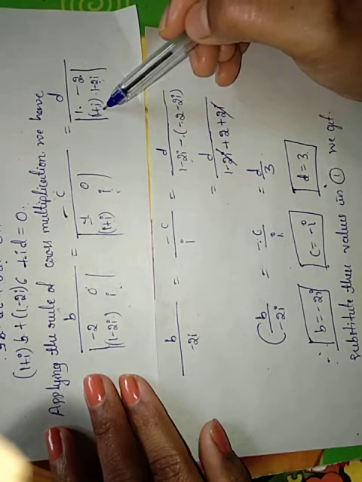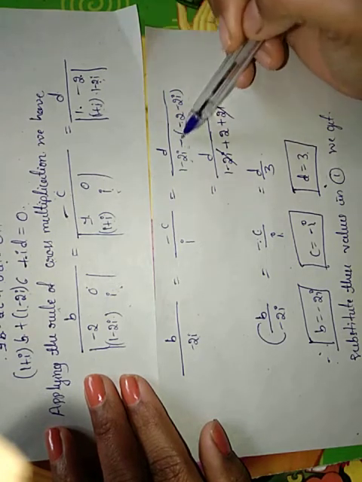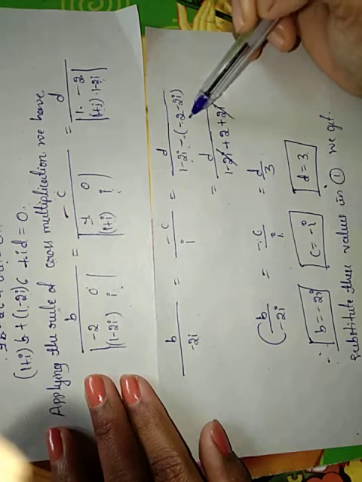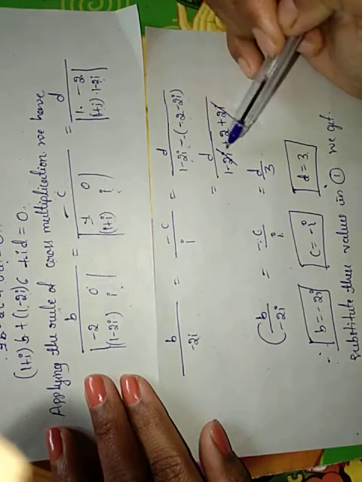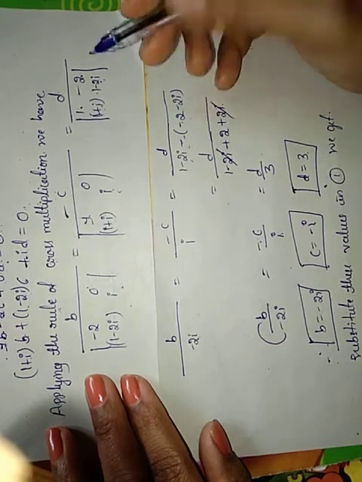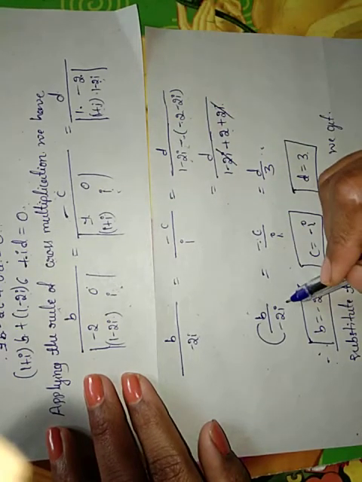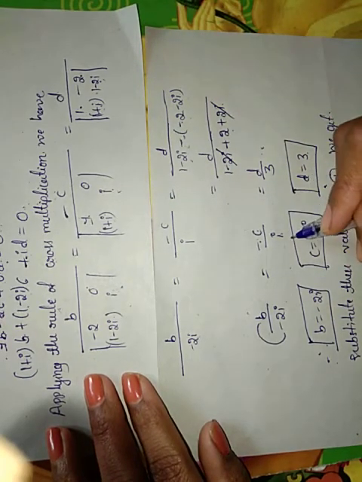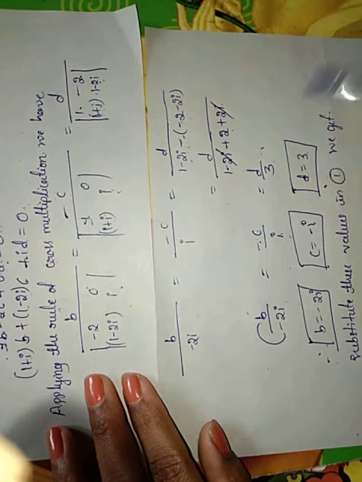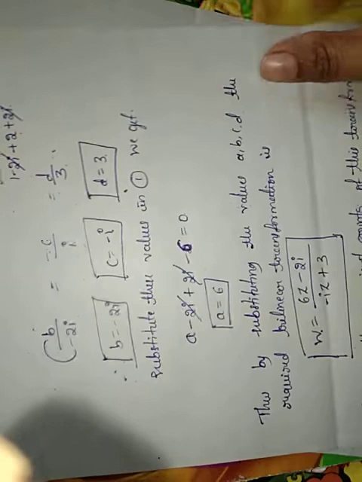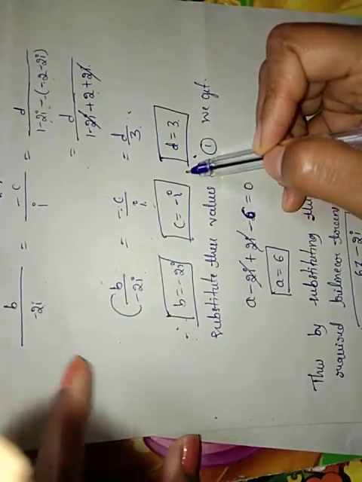Minus 2 into 1 plus i is minus 2 minus 2i. So minus of minus terms becomes a plus. Minus 2i plus 2i get cancelled. 1 plus 2 becomes 3. So b divided by minus 2i, c divided by minus i, d divided by 3. So we get the values b equal to 2i, c equal to minus i, d equal to 3.